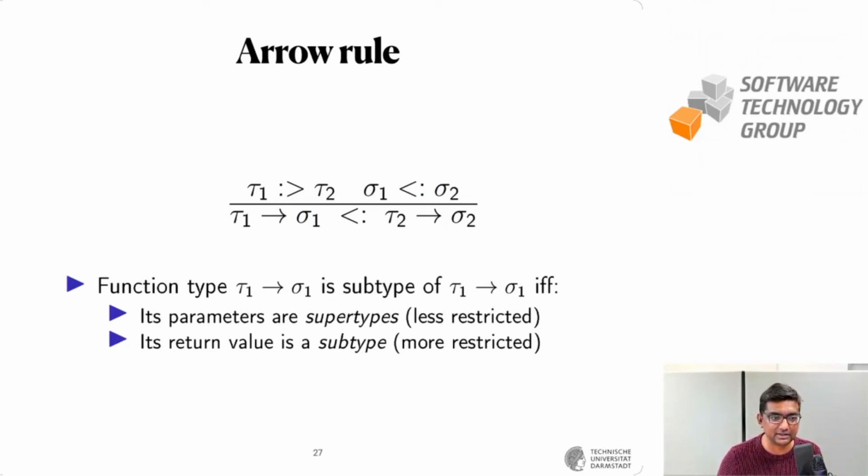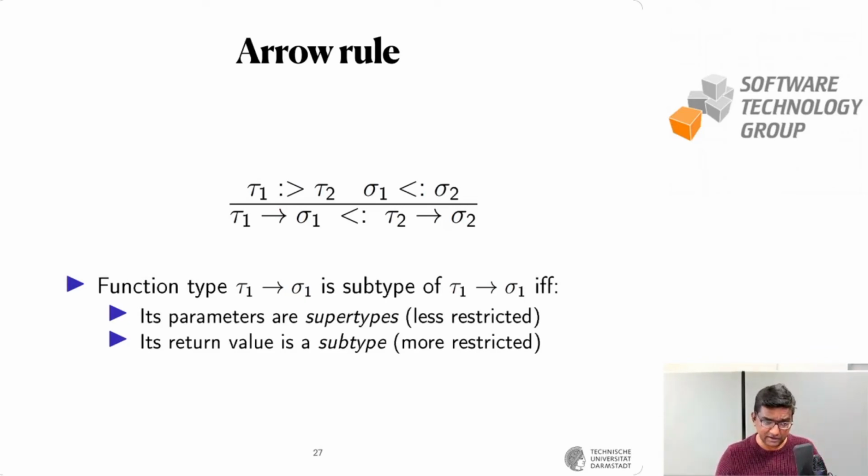How it is represented formally is that if t1 is a supertype of t2 and sigma 1 is a subtype of sigma 2, right? Here the parameters are represented by t1 and t2, and then the return values are represented by sigma 1 and sigma 2, right?